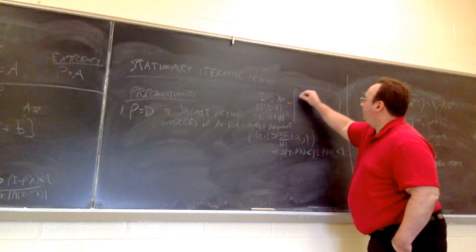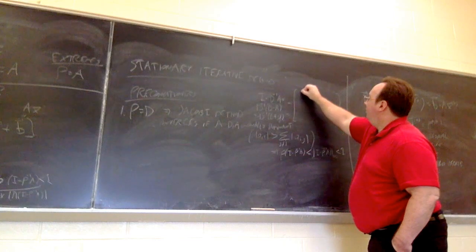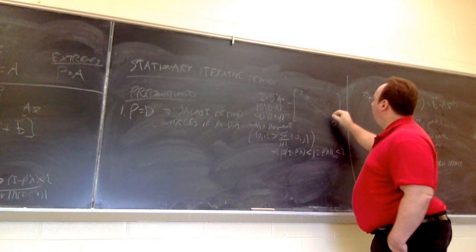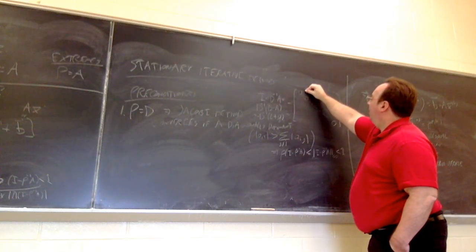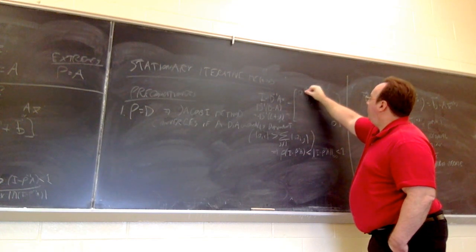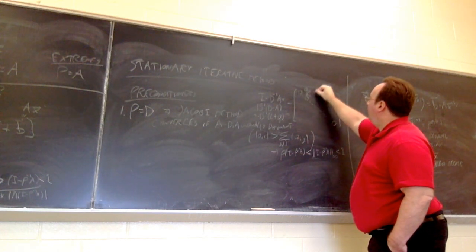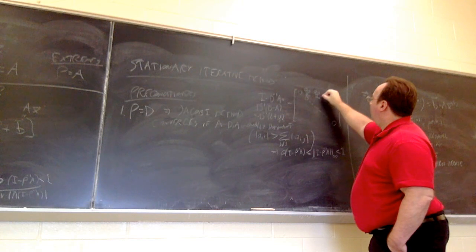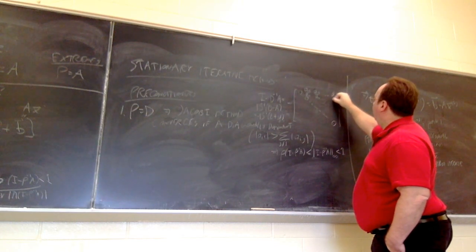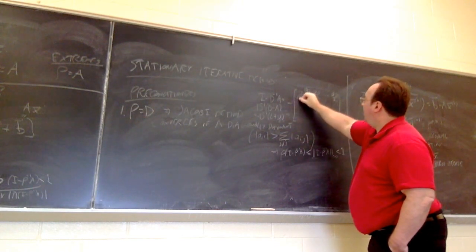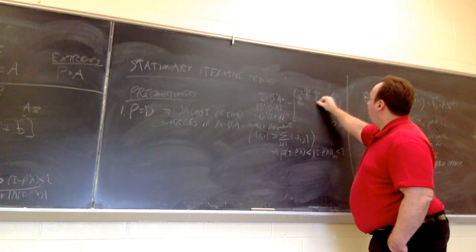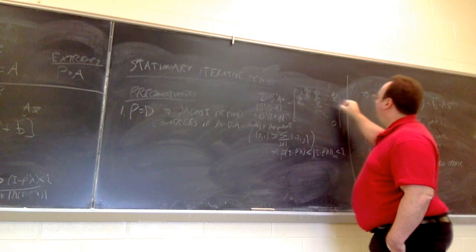You have minus, well, the diagonal entries are 0, and then you have A12 over A11, A13 over A11, A1n over A11. And then the next row you have A21 over A22, A23 over A22, and so on.